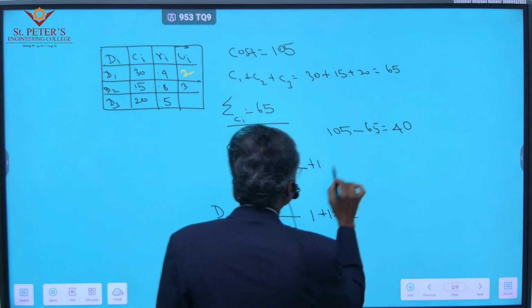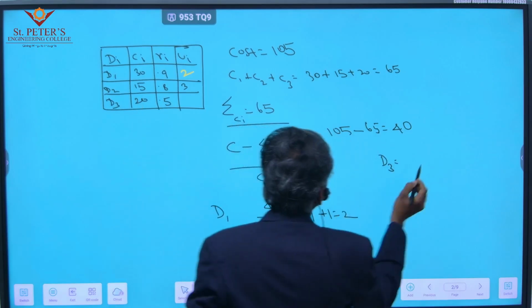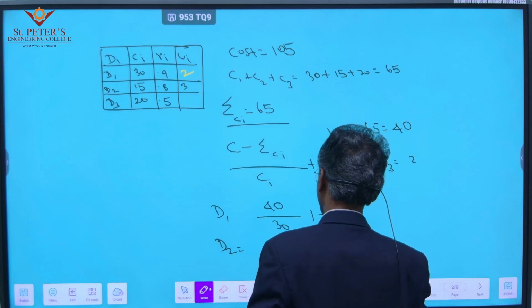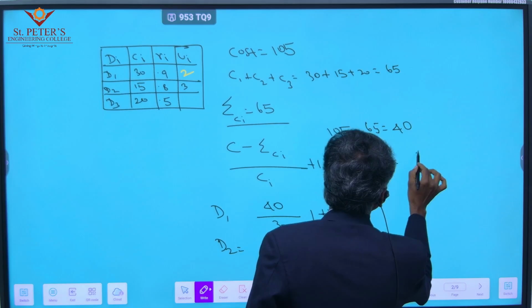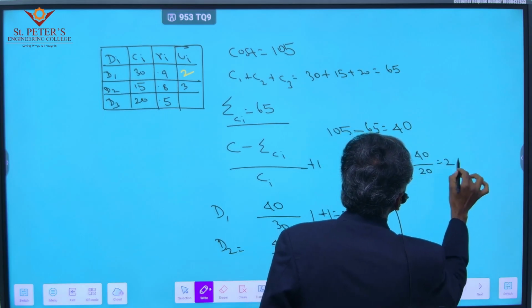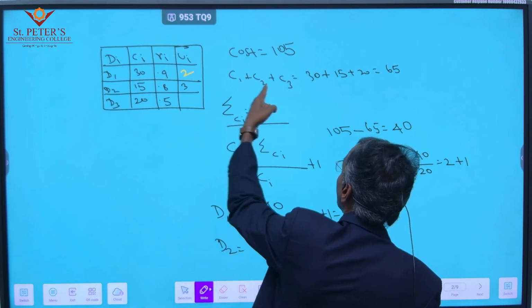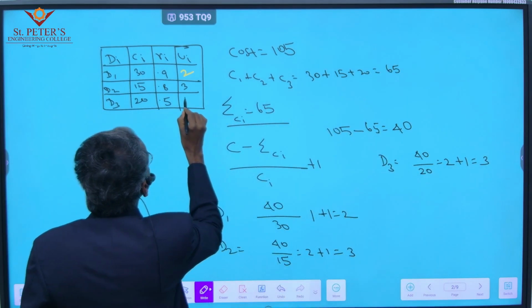Then what about third device, device 3? 20. 40 by 20, we can have 2 copies apart from the one copy we bought initially. So 3 copies we can have.